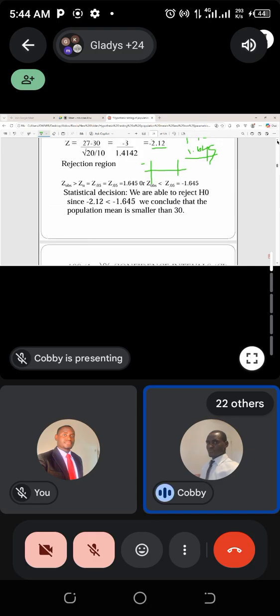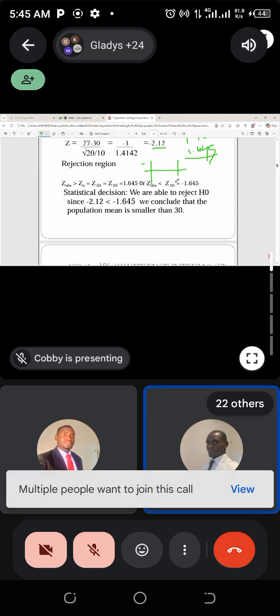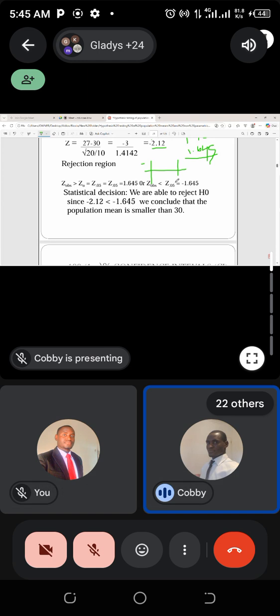As long as you're using a 5% significance level and 95% confidence interval. So the critical value for one-tailed will always be 1.645. For two-tailed, it's going to be 1.96. Always. It doesn't change. Hope now it's clear.